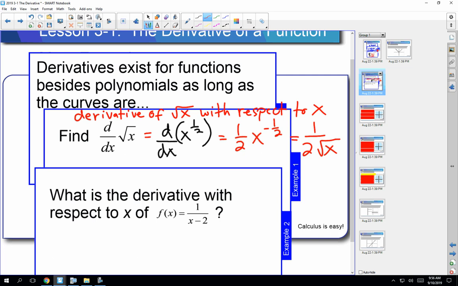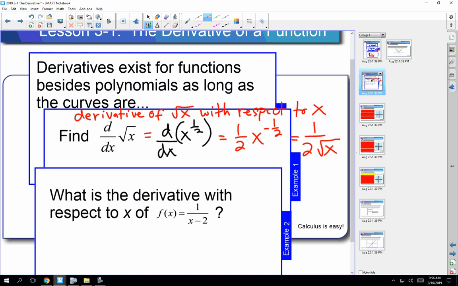What is the derivative with respect to x of f of x equals 1 over x minus 2? We don't have any way to apply what we just learned on the power rule to this one. So what would our setup be for this? We're not going to do it, but we've done this one before.